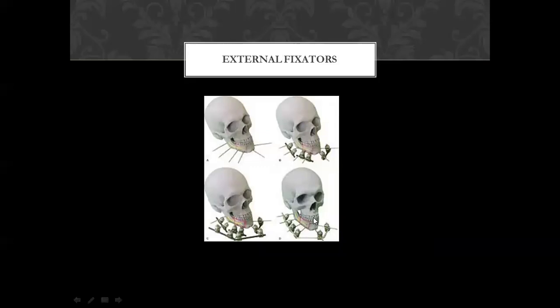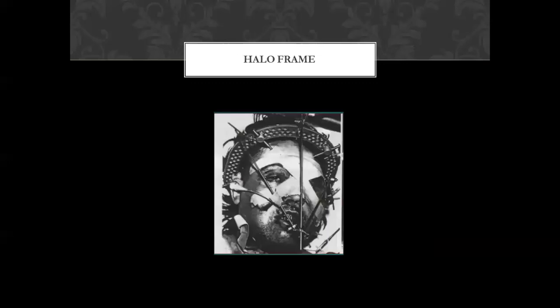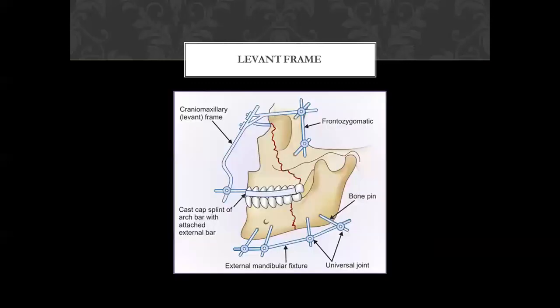They were used previously, but nowadays they are not commonly used because the fracture fragments cannot be visualized directly. The patient has to wear it, it has an aesthetic effect, and the patient may not be able to bear it. So the external fixators are K-pins used for mandibular or mid-face fixation, halo frame, Levant frame, and box frames. These are the available external fixators.